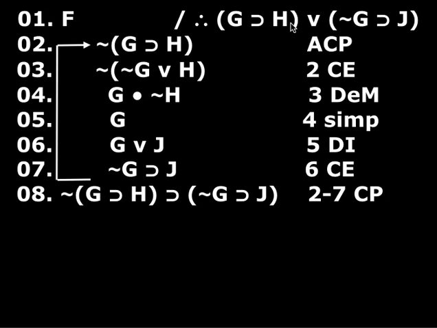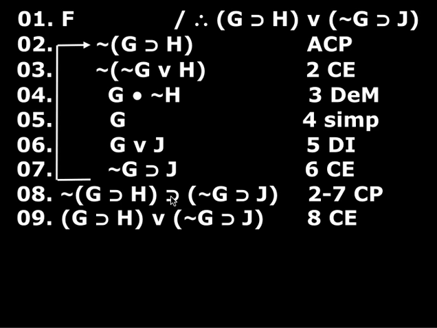So if I were to assume this and derive that, what I would get is if this, horseshoe that, which does not help me because this isn't a horseshoe. I want a disjunction here. Okay, I want this to be a disjunct and this to be a disjunct. But I know that if I get this conditional, then watch, when I do conditional exchange on this, all of a sudden now I do have this disjunction.